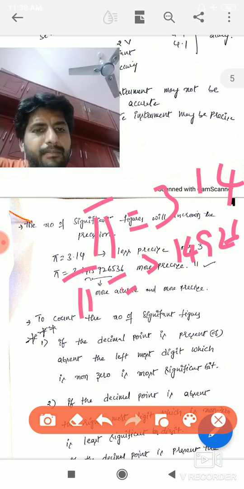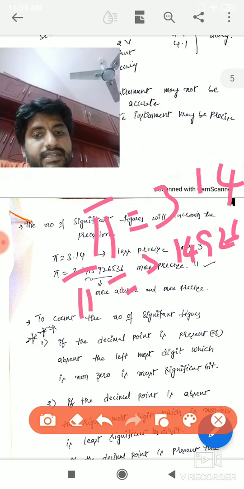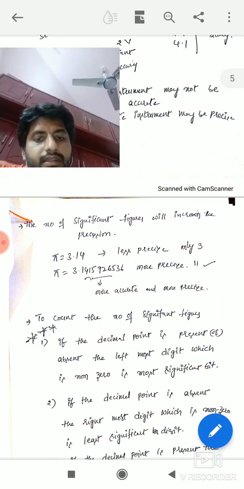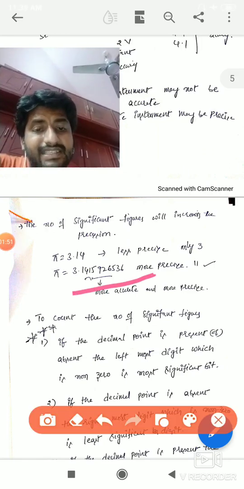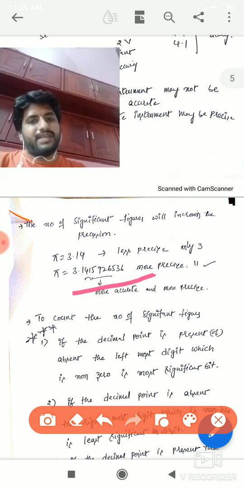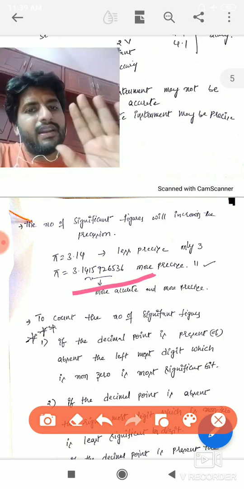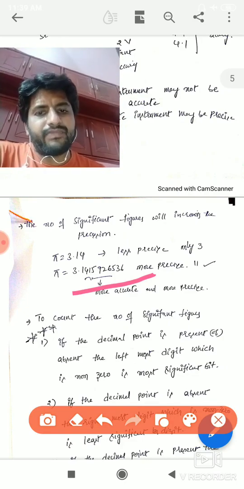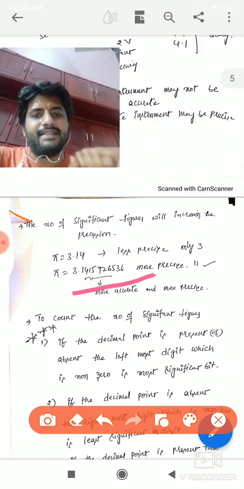That means here the number of significant figures is 3. Here, this is the same pi value, and with 3.1415926536 the number of significant figures increases, that is a more precise instrument, right? Definitely the precision will depend on the number of significant figures. If the number of significant figures increases, my precision also increases.